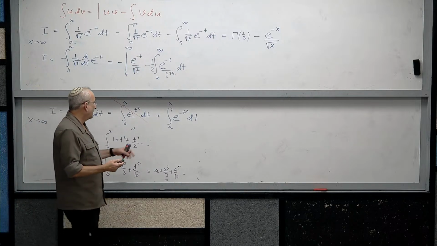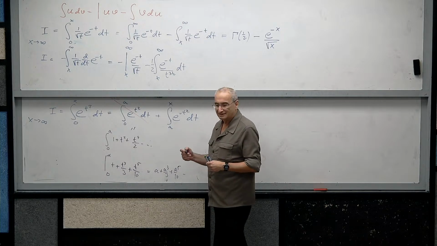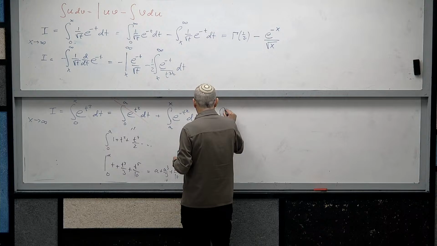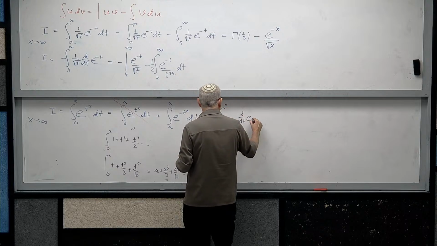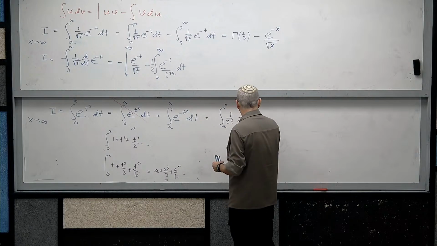And now here I can implement the integration by parts, because I can write this as the integral from a to x of d/dt of e to the t squared times 1 over 2t.